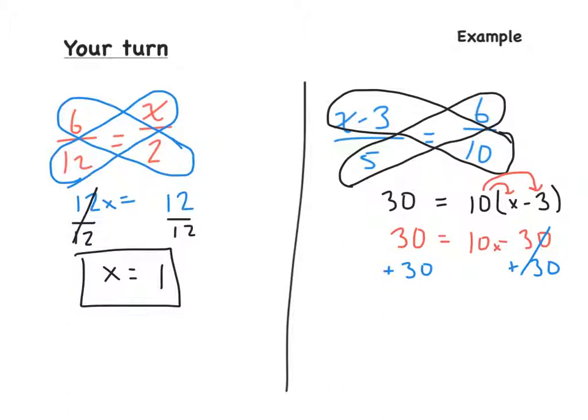So all that we have left on the right side is 10x, and then 30 plus 30 is equal to 60. So 10 times what is equal to 60? So 10 times 6 is equal to 60. So in this case, 6 is equal to x.